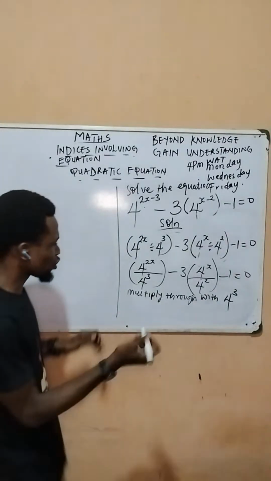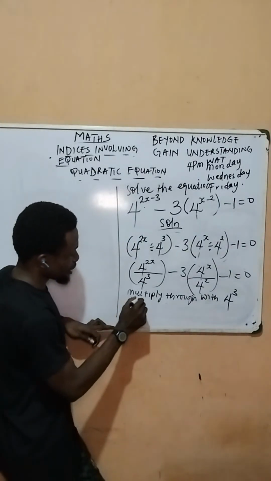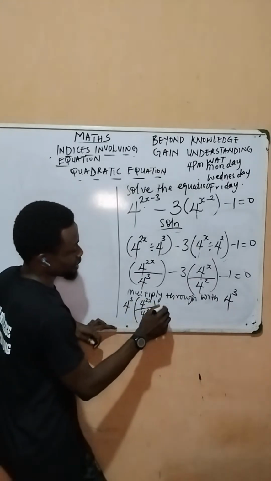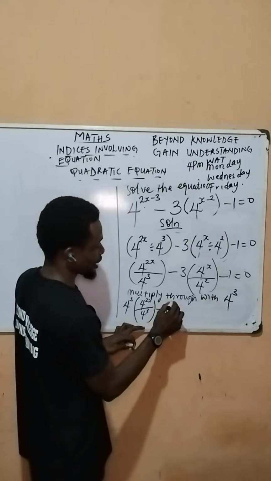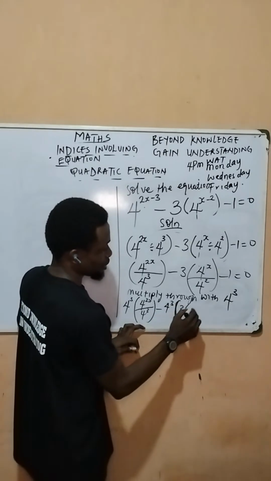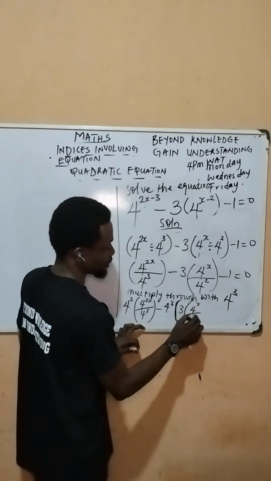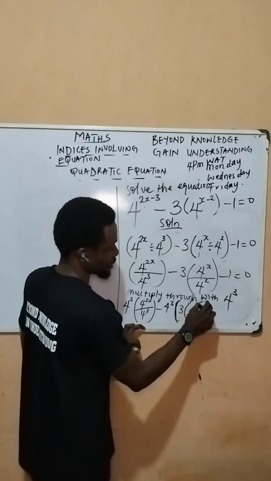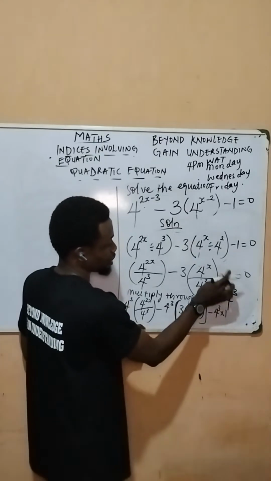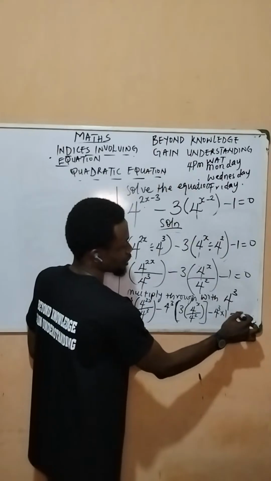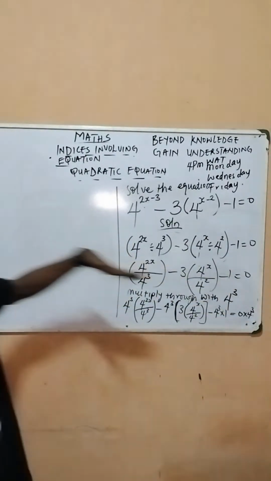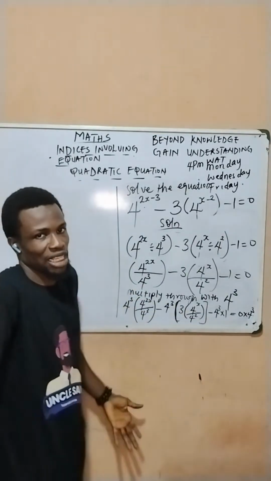So if I do that, it's going to be 4 raised to the power of 3 multiplied to 4 raised to the power of 2x all over 4 raised to the power of 3, minus 4 raised to the power of 3 multiplied to 3 into 4 raised to the power of x over 4 raised to the power of 2. Close this bracket. Then minus 4 raised to the power of 3 multiplied to this one here equals 0 multiplied to 4 raised to the power of 3. Because that's the whole point of multiplying through by 4 raised to the power of 3. That's what it simply means.